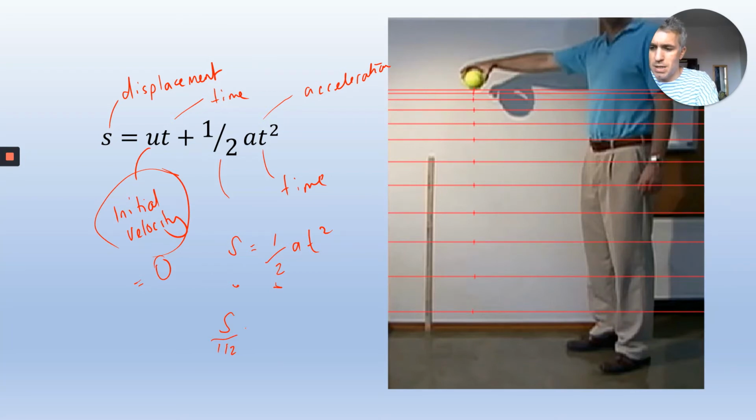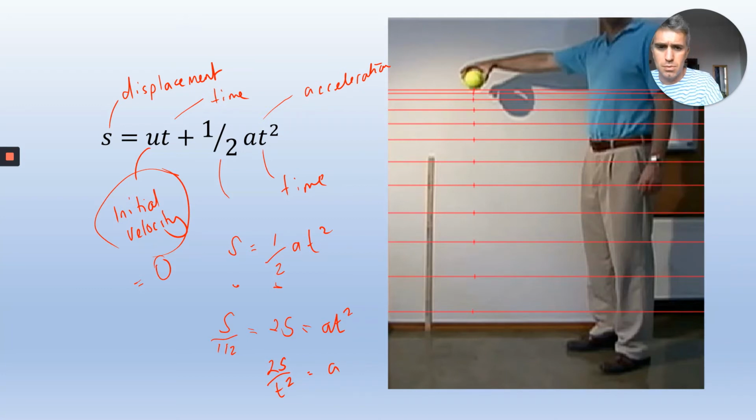So I can rewrite that as 2s equals a t squared. It's not t we want, so we can just leave the squared there. We bring that down, divide by t squared: 2s over t squared equals a.